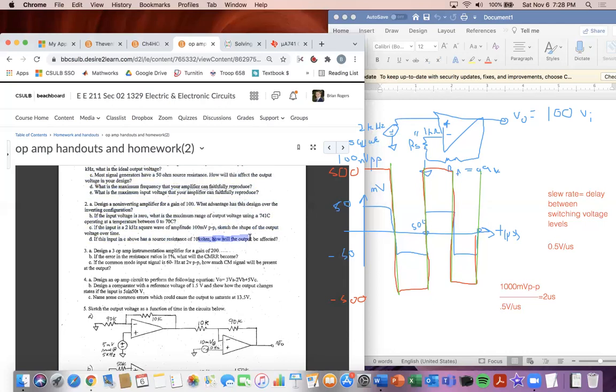Okay, so now what's going to be happening is up here in my diagram, I'm going to show you guys the addition. We're going to have a source resistor here, which is going to be RG. In RG, because it's said right in here, it has a source resistance. It's going to be 10 kilo ohms. Okay, how will the output be affected?